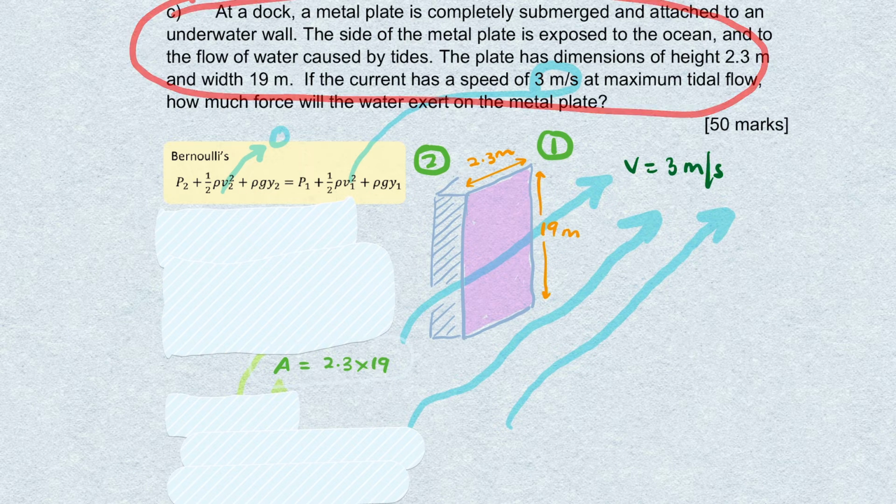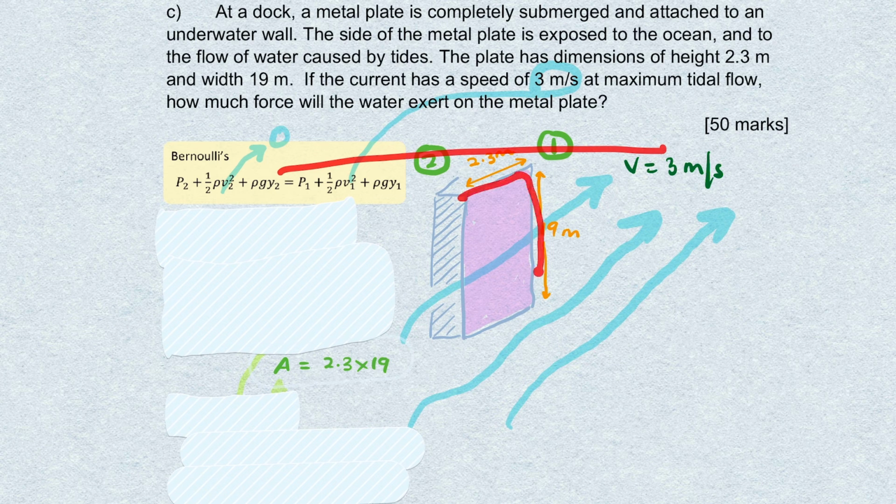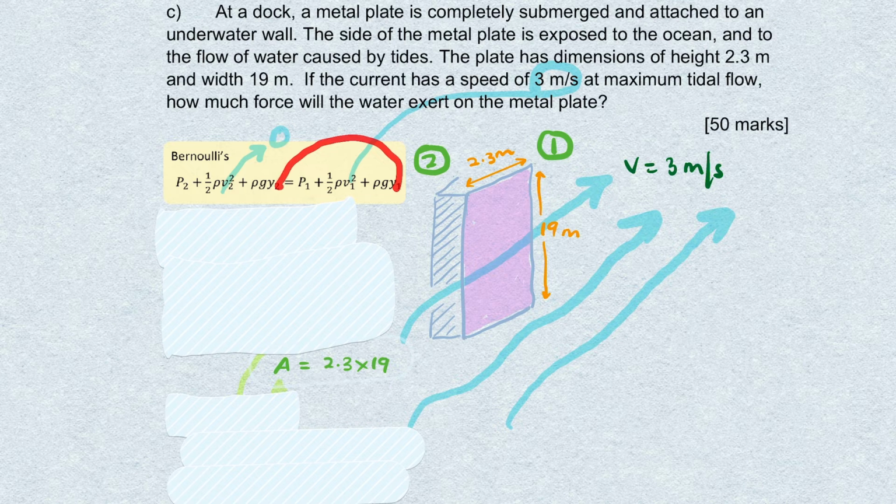But I think because Y1 and Y2 are the same, that is, they said it's completely submerged in water, it doesn't mean we have one level on the left and one level on the right. No, it's the same level. It's completely underwater, so all of this is underwater. So Y1 is equal to Y2.